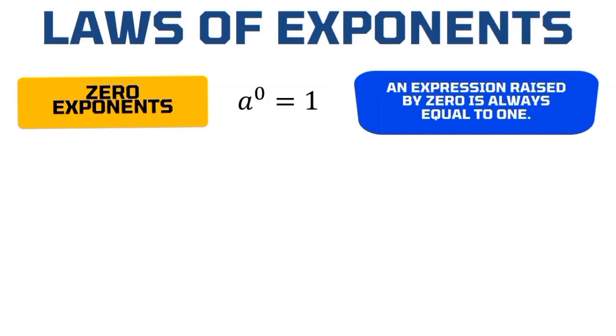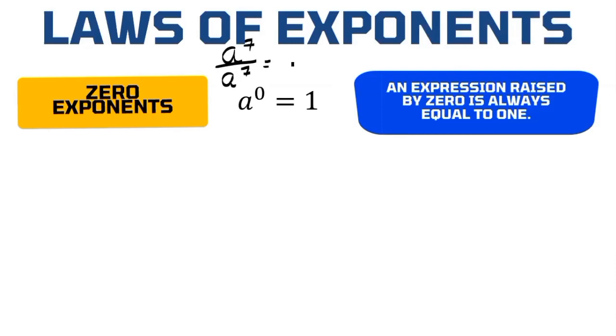to 1. Saan po ba na-derive si zero exponent and how come na naging zero exponent siya? It was derived from the quotient of a power. Halimbawa, we have a raised by 7 all over a raised by 7.